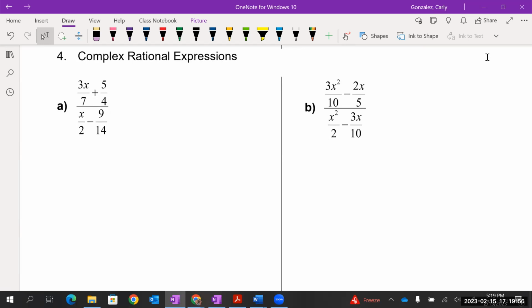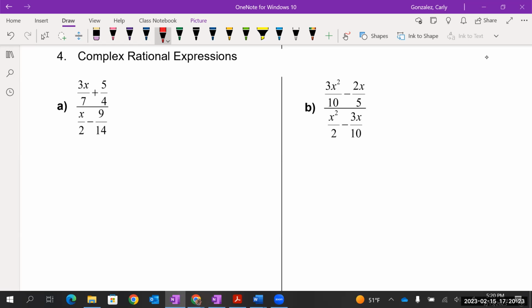So there are a couple different methods that work well with complex rational expressions. Now, my favorite is to find the LCD of all of the denominators, so I'll go ahead and focus on that method here.